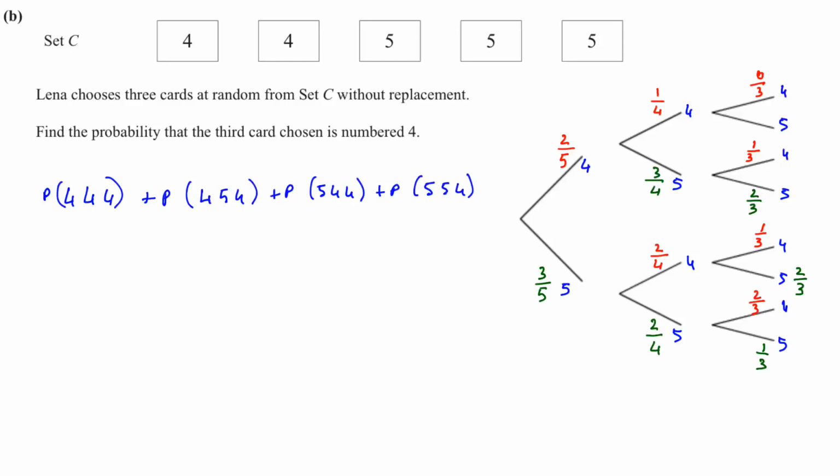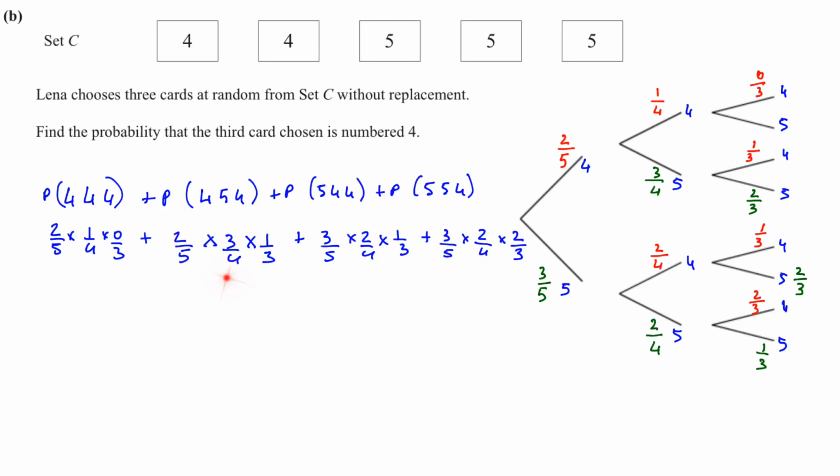Now just replace what we have found, the probabilities here. 2 over 5 multiplied by 1 over 4 multiplied by 0 over 3, plus 2 over 5 multiplied by 3 over 4 multiplied by 1 over 3. I've written down all the probabilities. Now we will add them together. This one, when you multiply it, you get 0.